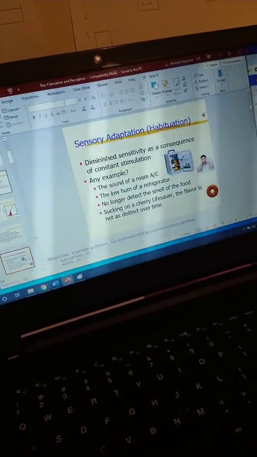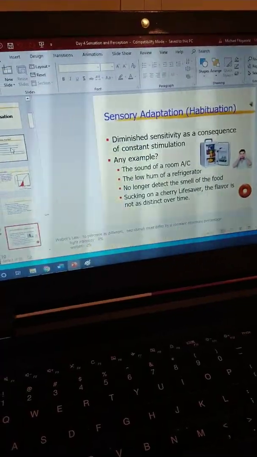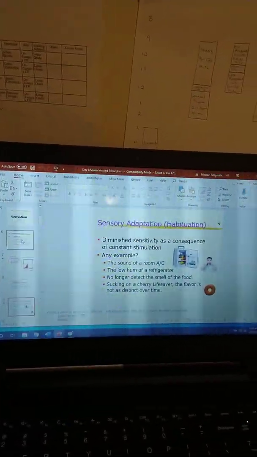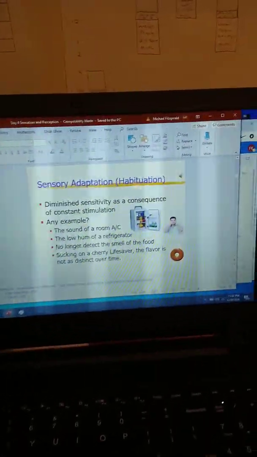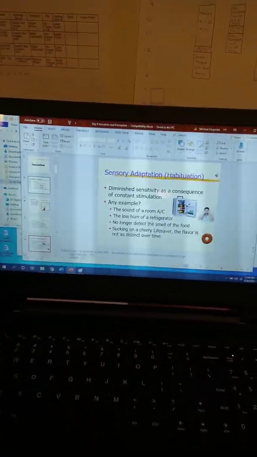A simple example would be whenever you are wearing clothes, the shirt on your back. Before I said that, you probably weren't actively thinking about that stimulus being present. But now that you think about it, you can feel it again.